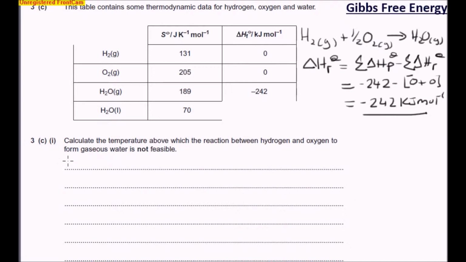The second change is to work out the entropy change. So the entropy change is given to us by the sum of the entropies of the products, take away the entropy of the reactants. Well, in the products we have only water, so that's 189, and we then have two reactants.